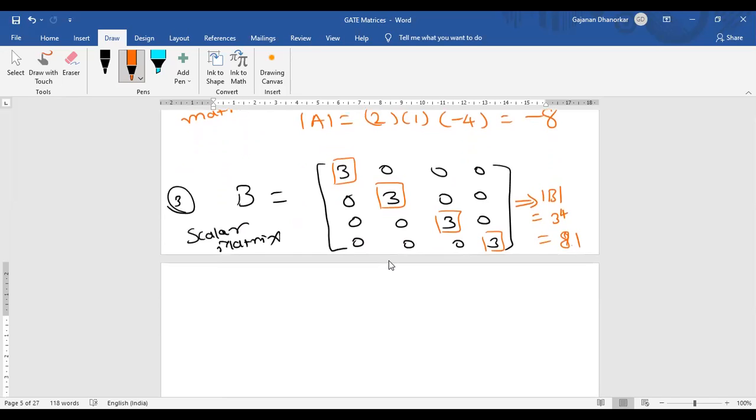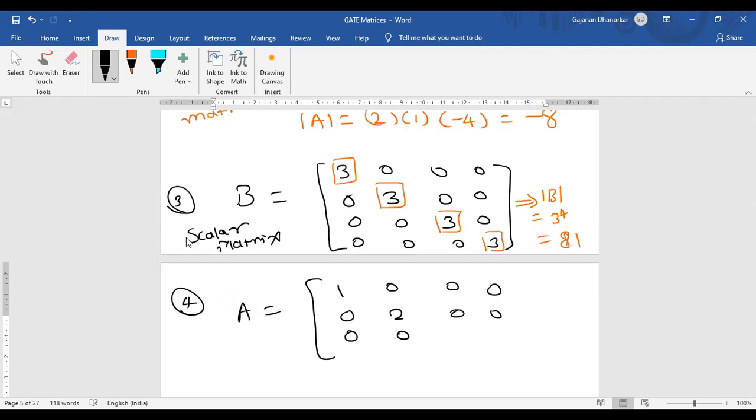Now I will go to inverse. Again, before going towards inverse, I will take a matrix to find the rank of: 1, 0, 0, 0, 0, 2, 0, 3.